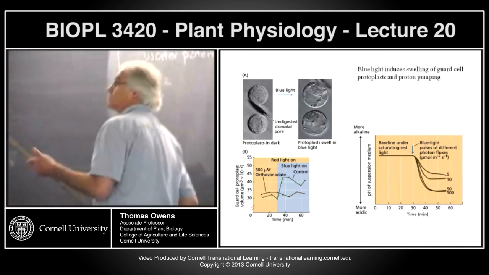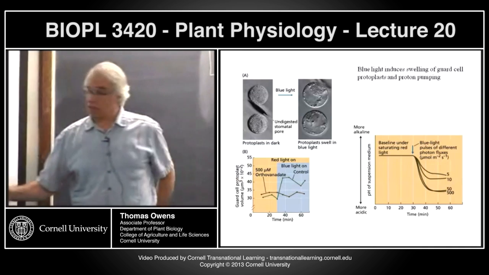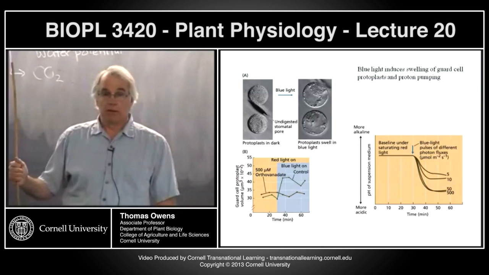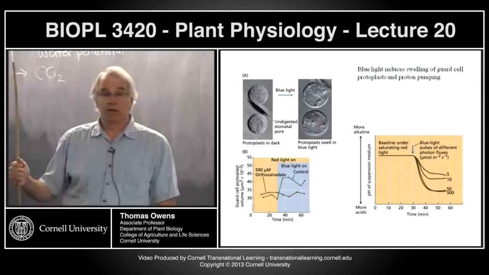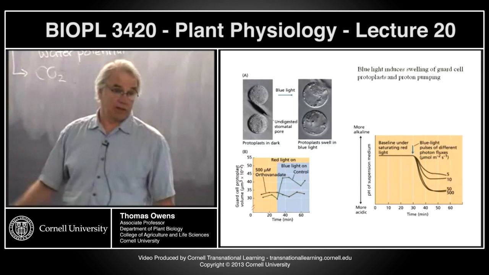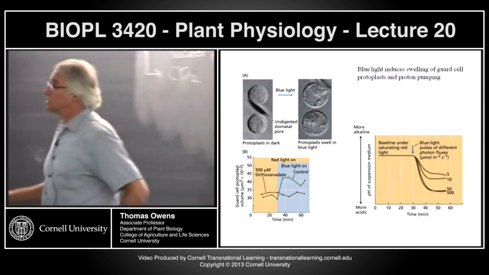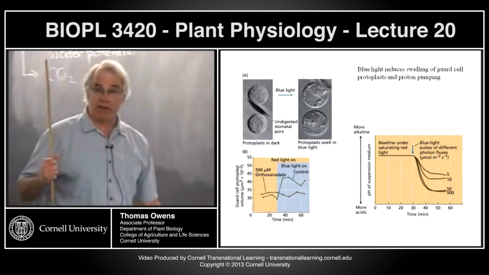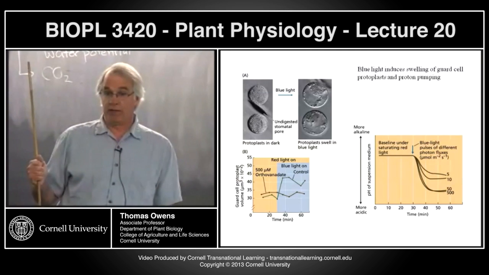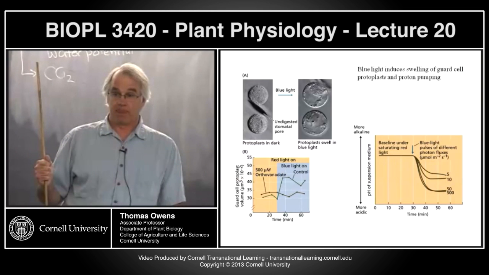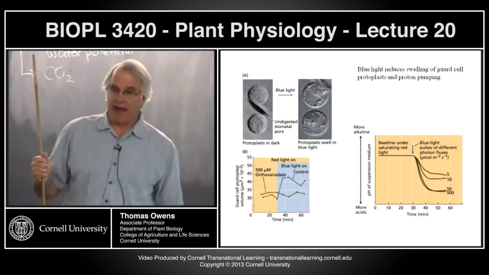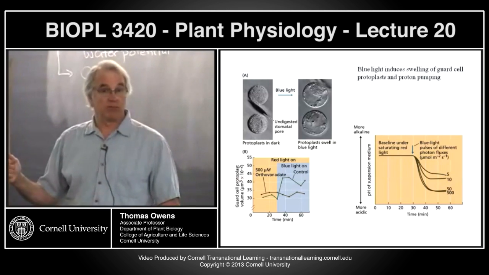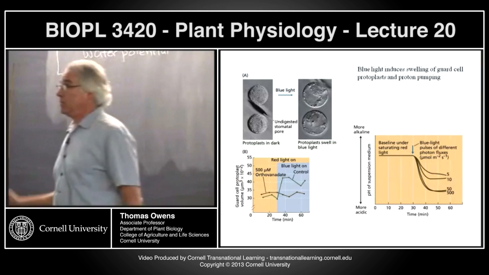Okay, so when we put the guard cell protoplasts into blue light, the protoplasts expand. A very interesting observation was that vanadate is a very effective inhibitor of the plasma membrane proton pump. So the primary active transport pump that's present in the plasma membrane of all plant cells is inhibited by vanadate.